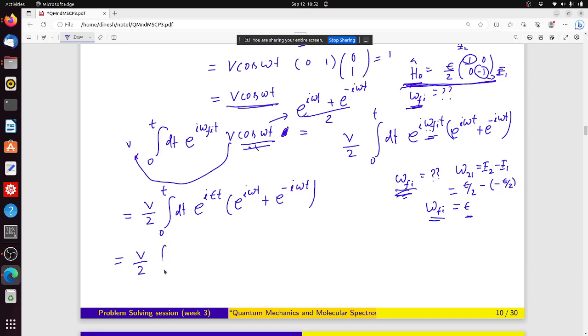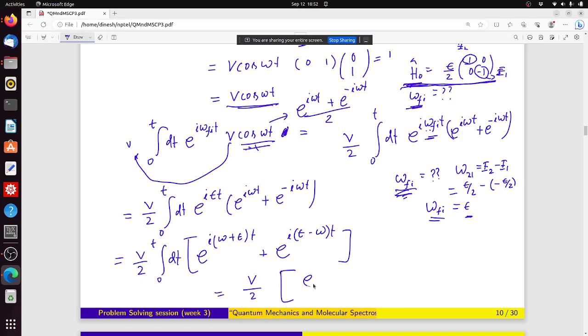V over 2 dt, e to the power i omega plus epsilon t, e to the power i epsilon minus omega t. This goes from 0 to t, right? This is V over 2. This integration will give me e to the power i omega plus epsilon t over i omega plus epsilon.